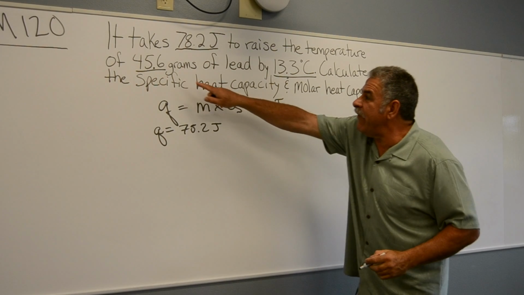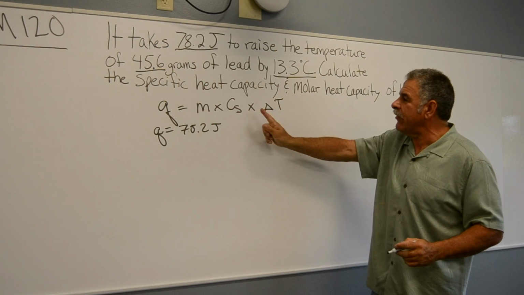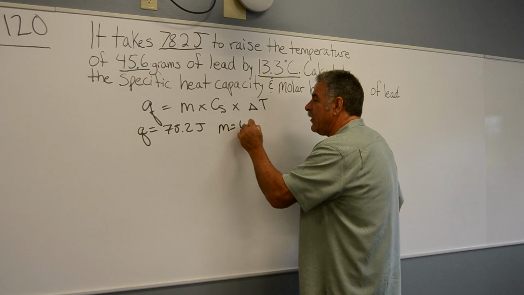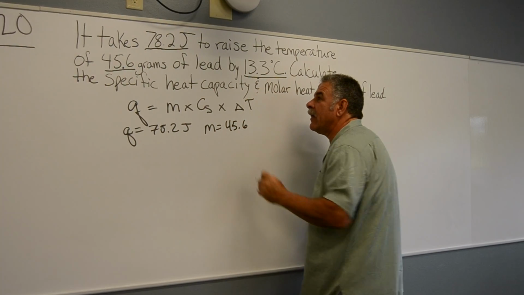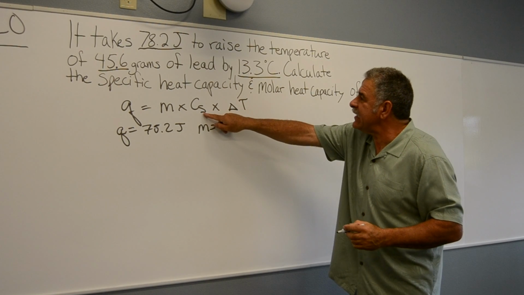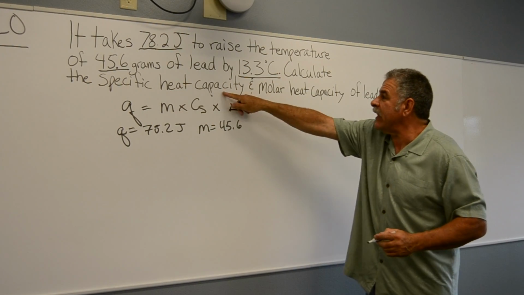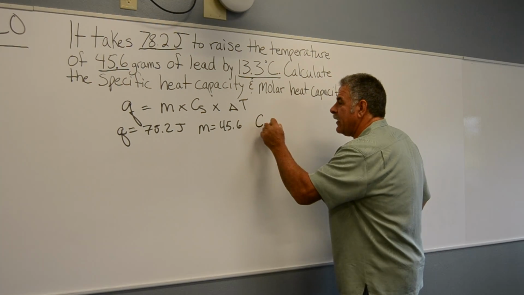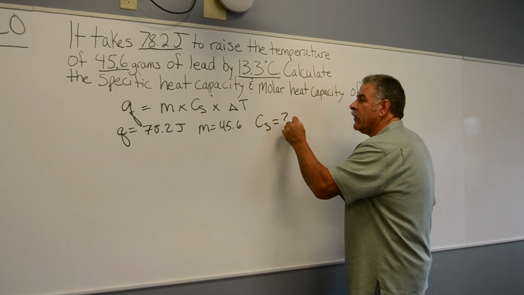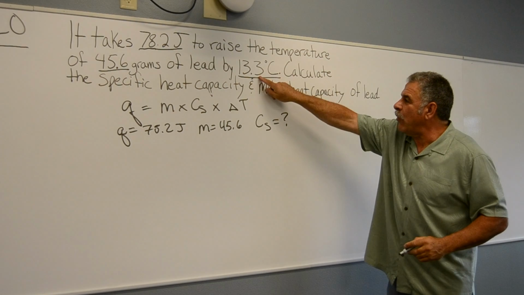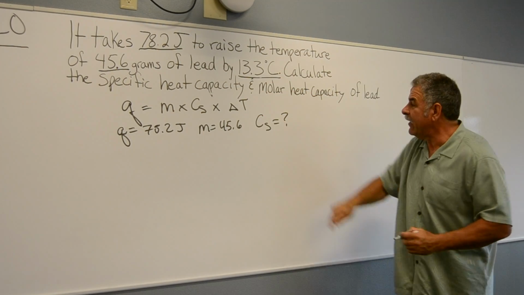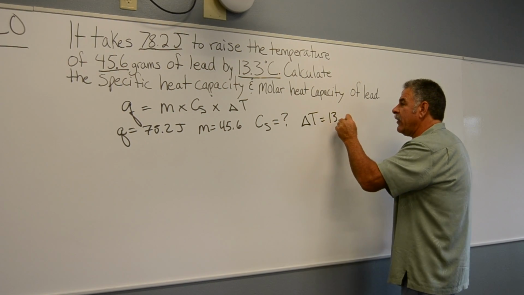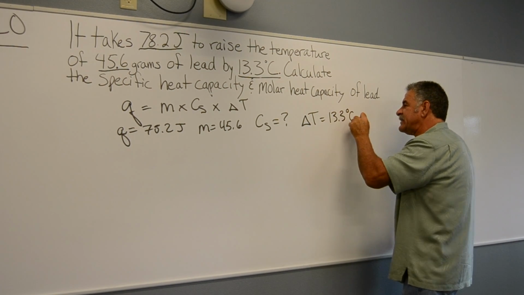I know 45.6, I look here, and there's only one thing with mass in it, so that goes with the M. And then, is there a Cs? No. Calculate the heat capacity. So that's the unknown. And then 13.3 must be the delta T. So delta T equals 13.3 degrees C.